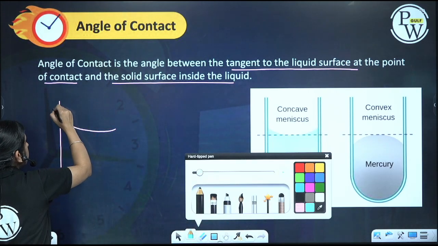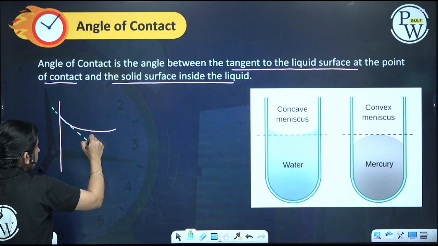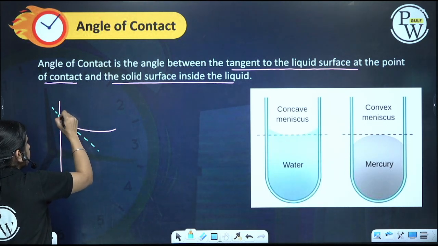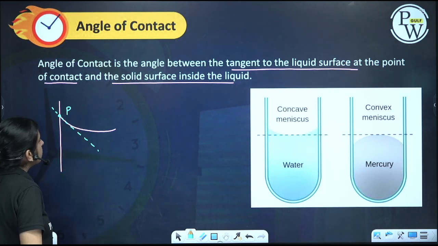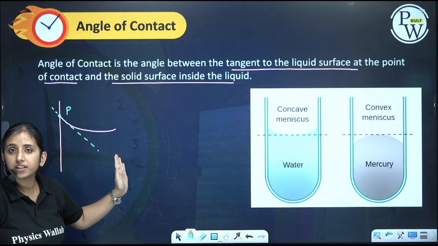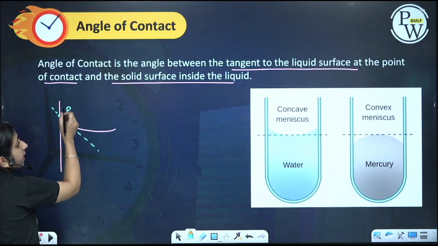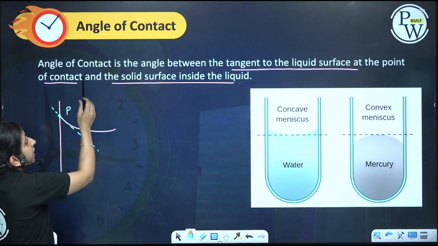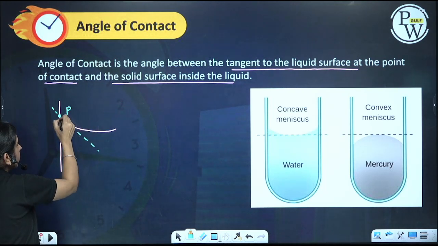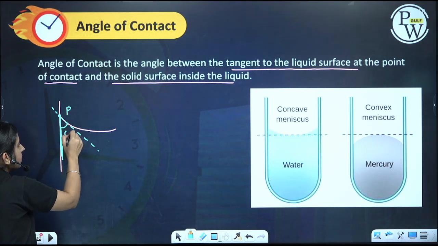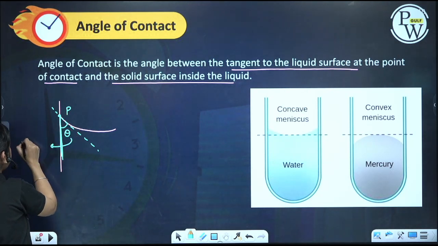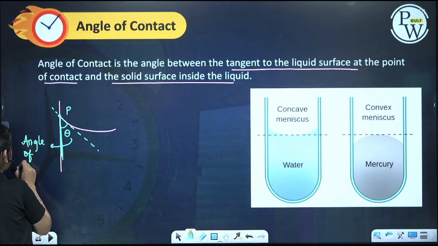The tangent to the liquid surface at the point of contact, this is my point of contact, this is the tangent to the liquid surface, and the next is the solid surface inside the liquid. This angle theta is called the angle of contact, the angle between these two.